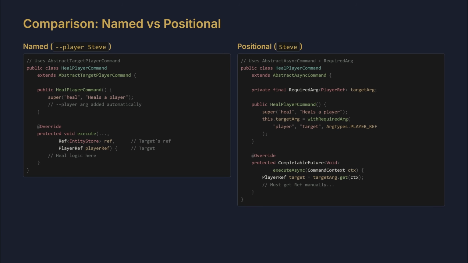And on the right side, we have the positional type of argument, which defines a required arg, initializes it in a constructor, and then inside the execute async method, we need to get the ref manually. We need to ensure that we execute it in the correct world thread and so on. So it's a little bit more work we need to do ourselves.